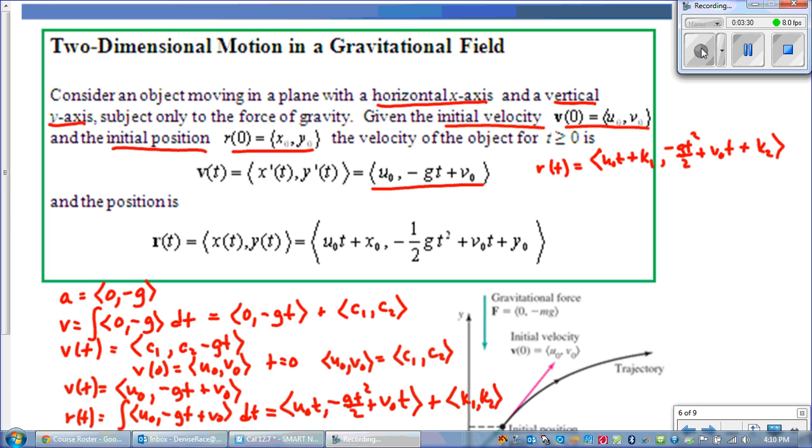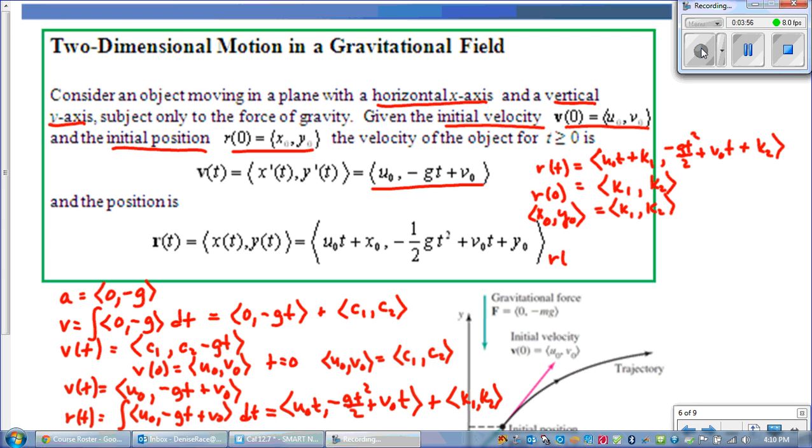Now r of 0, we're told, is equal to x naught, y naught. But plugging in 0 on both sides will give us k1, k2. So that means k1 is x naught and k2 is y naught.